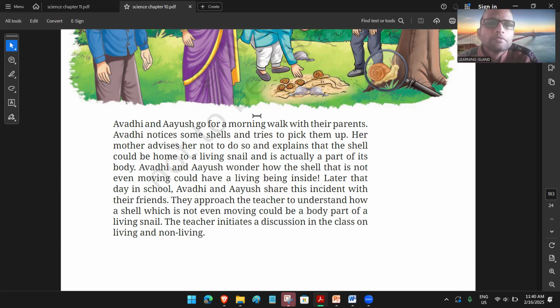Let us start. Advi and Ayush go for a morning walk with their parents. Advi notices some shells and tries to pick them up.